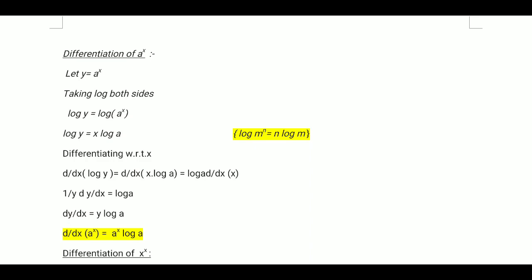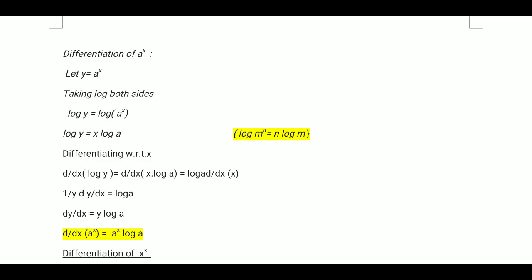Now differentiate both sides with respect to x. Here log a is a constant quantity. d upon dx log y is equal to d upon dx x log a, so log a comes out, d upon dx of x.